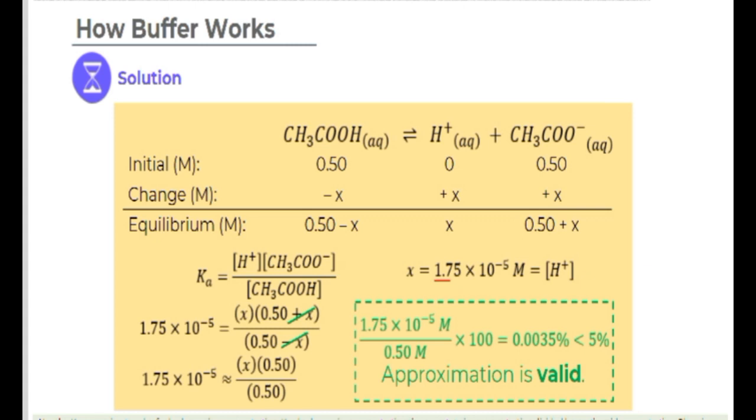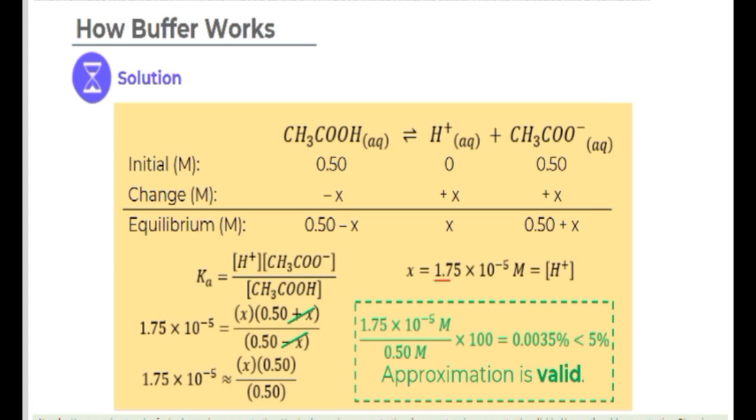Plugging in the Ka value and concentrations, we have 1.75 times 10 raised to negative 5 equals x times the quantity 0.50 plus x all over the quantity 0.50 minus x. Assuming x is too small, we can neglect x that is added to or subtracted from the initial concentration. So, solving for x, we obtain 1.75 times 10 raised to negative 5 molar.